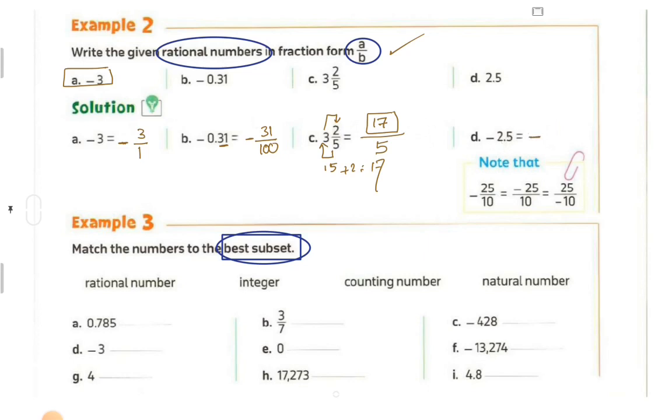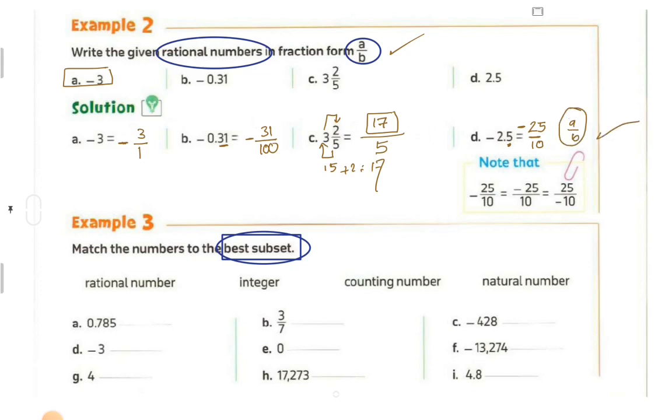Negative is just a sign, it's okay, but 2 and 5 tenths. Note that 5 is in the tenths place, so just put 10 as the denominator and the same digits without the point. So negative 2.5 equals negative 25 over 10, as A over B.